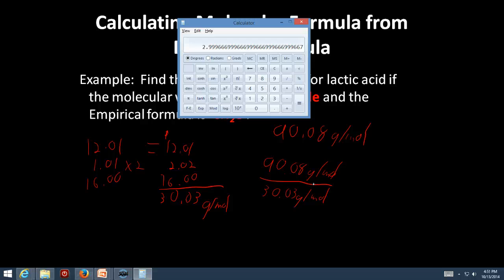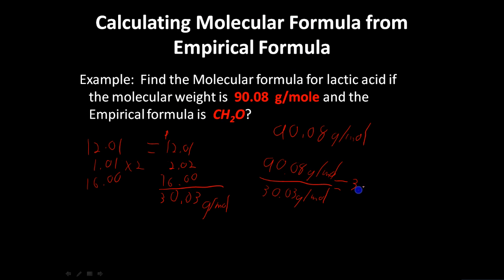And look, that's essentially equal to 3.000 to 3 sig figs, which is essentially just 3. So we multiply each one of these subscripts by 3. So 3 times 1 would be 3. 3 times 2 would be 6. And then 3 times 1 would again be 3. And so this is the molecular formula for that empirical formula.